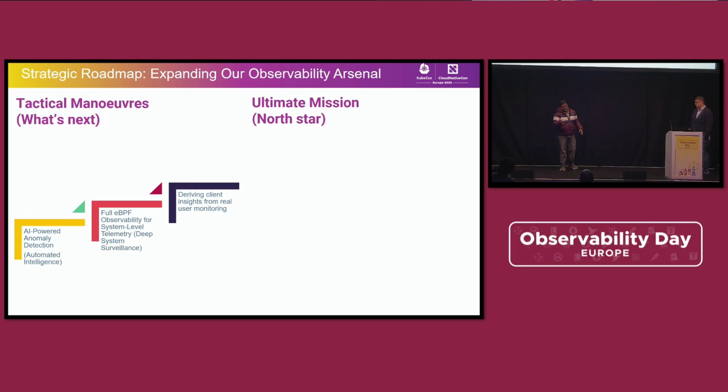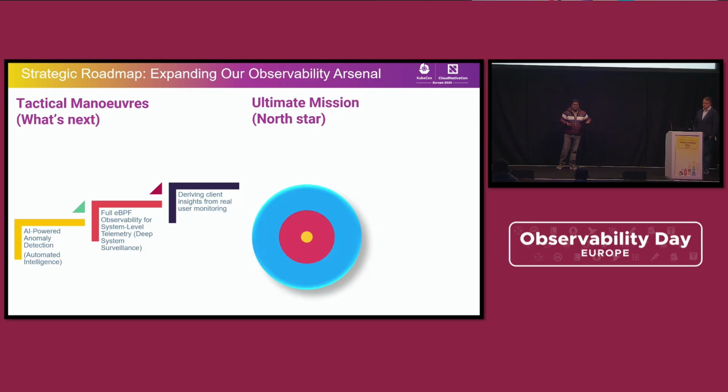We have also recently started learning about eBPF. We are not saying we are experts, but after 6 months we will be. This is key, because it will give us full end-to-end dependency on how things are actually working inside my Kubernetes cluster. And we are also working on driving client insight from real user monitoring. Before the client informs us, we should see that application performance has degraded.